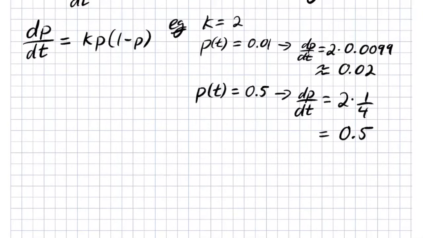Of course, this is all approximate, and you do lose a lot of the reality of what is actually going on by looking at such a simple model. But this is how mathematical modeling works. You try to model a real life situation with a mathematical equation.